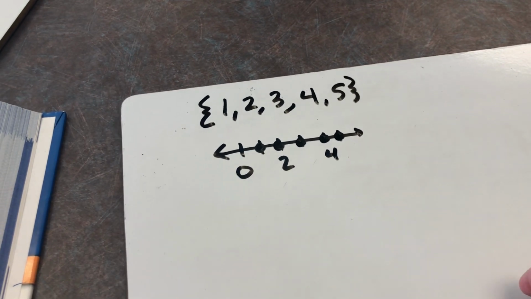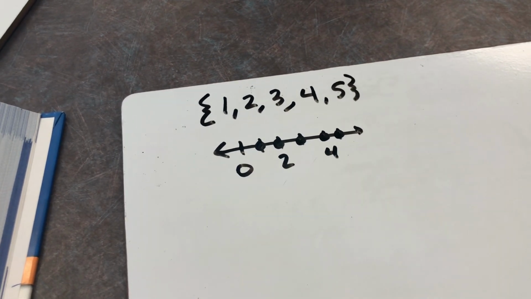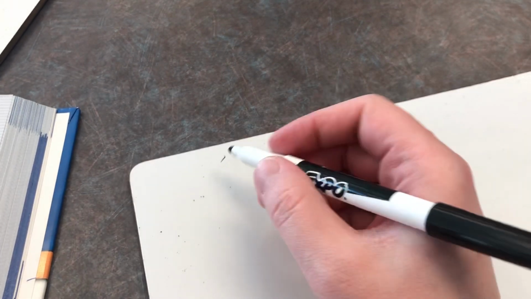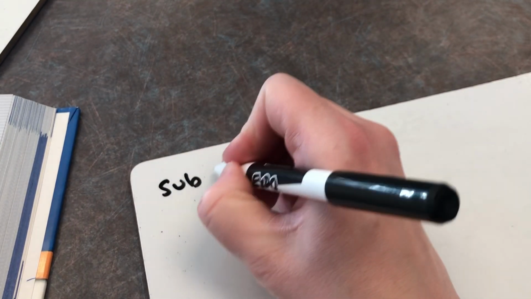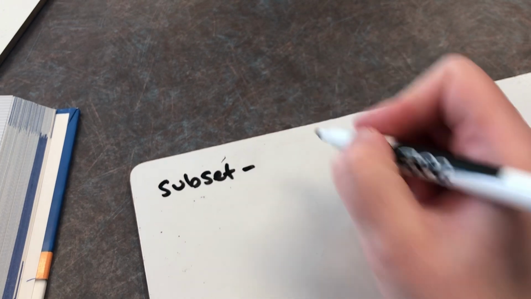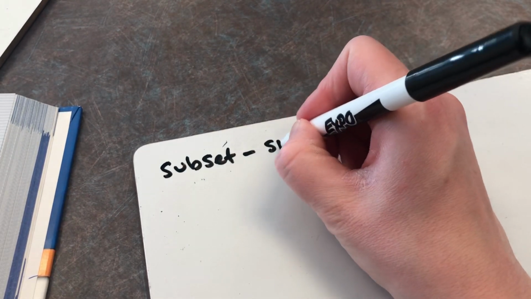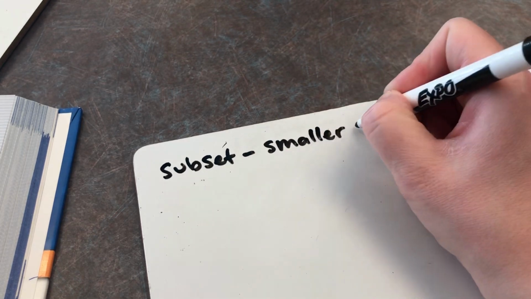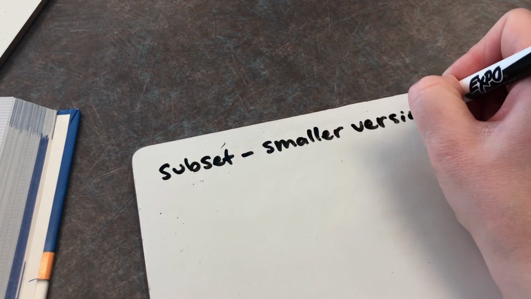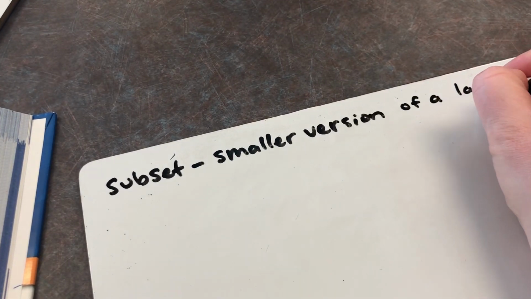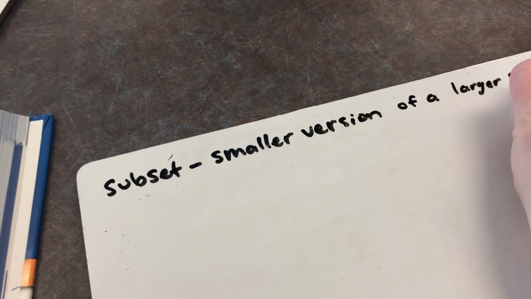We also have sets that relate to each other in various ways, and this is where the notation can get a little funky. So we have something called a subset, and a subset is like a smaller version of a larger set.